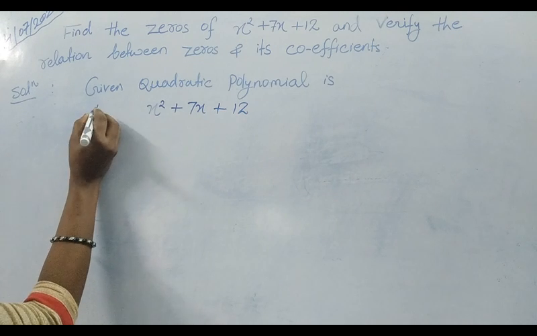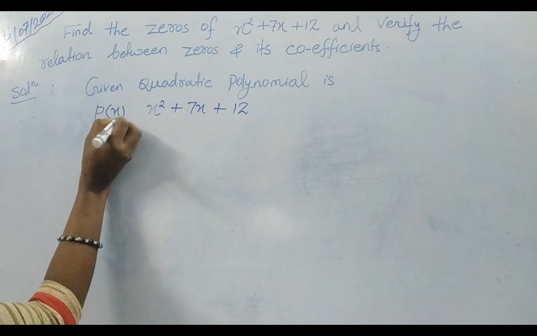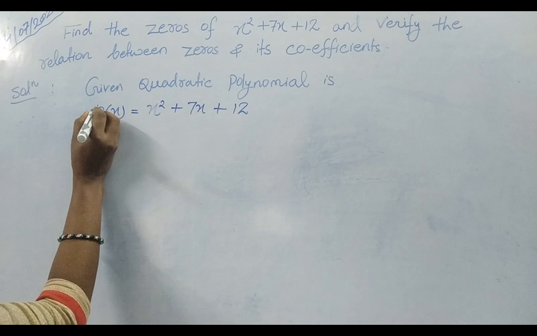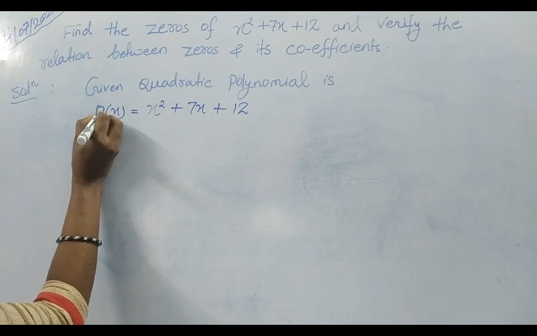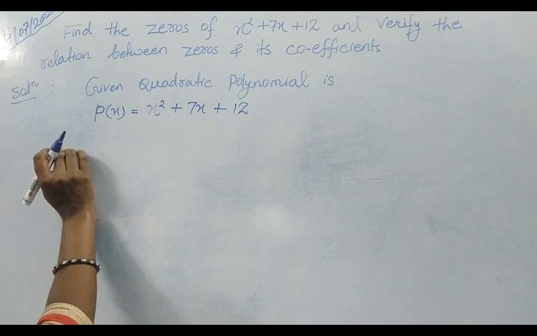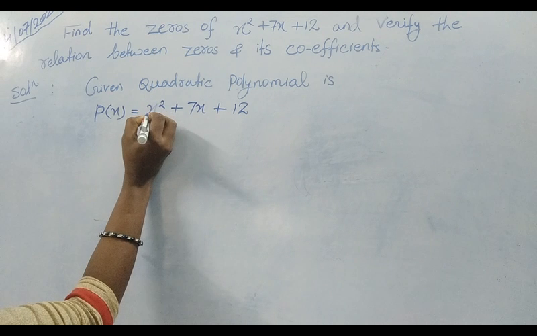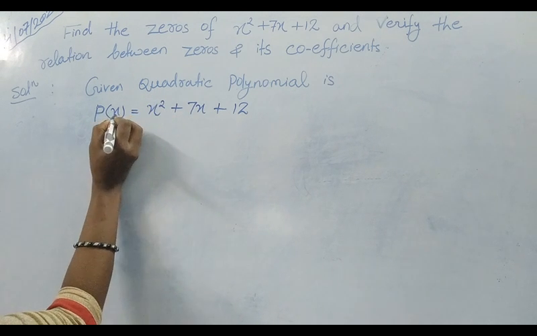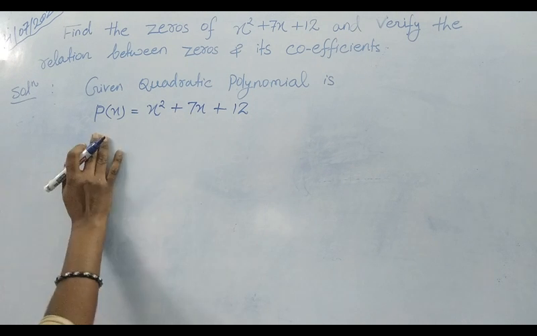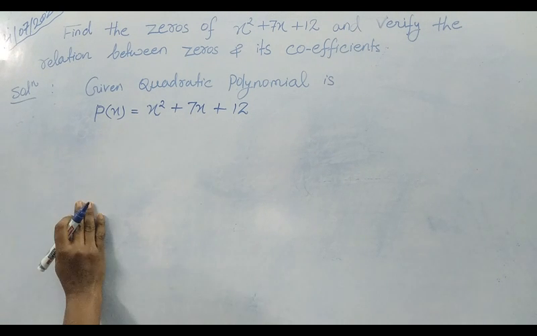We put the name of the polynomial as p(x). Polynomial is denoted by the symbol p, q, r, any letter you can use. And since it contains the variable x, we write x in the bracket. So this is a polynomial.